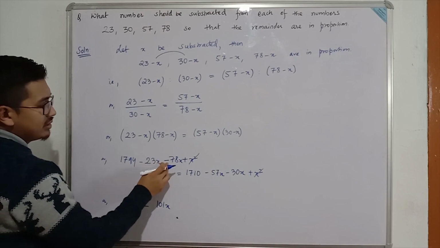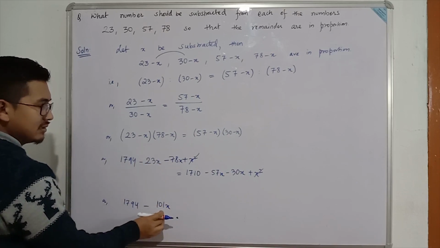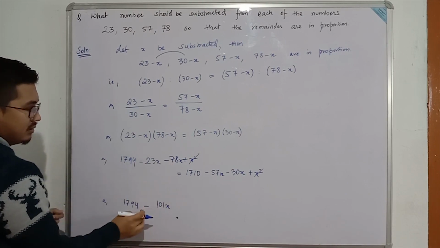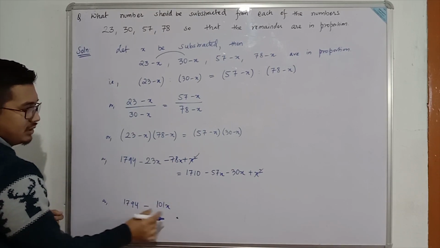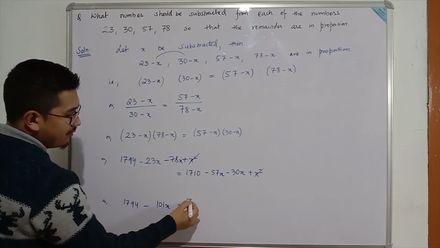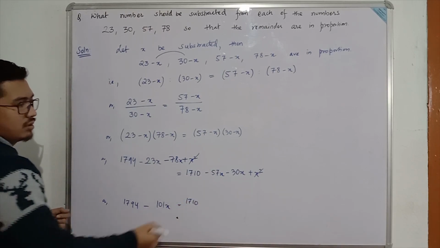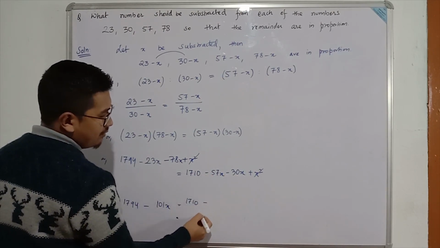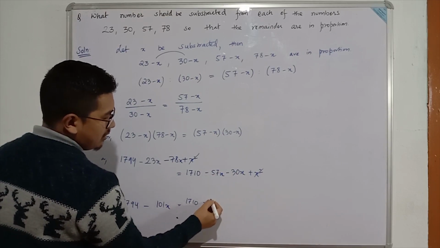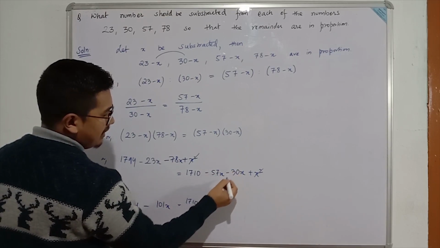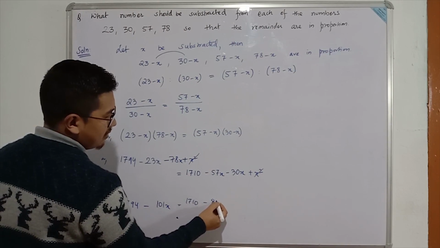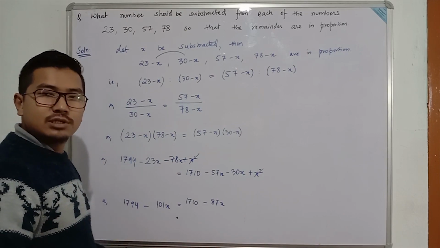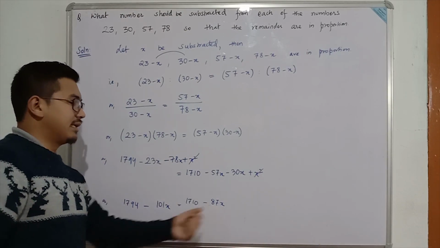Here it is minus, here also minus, same sign, so we add and use the sign of the bigger number. Same on the right hand side: 1710, and there is no number here, so x and x will be added because negative and negative. 57 plus 30 gives us 87x. So this is what we get on the right hand side.